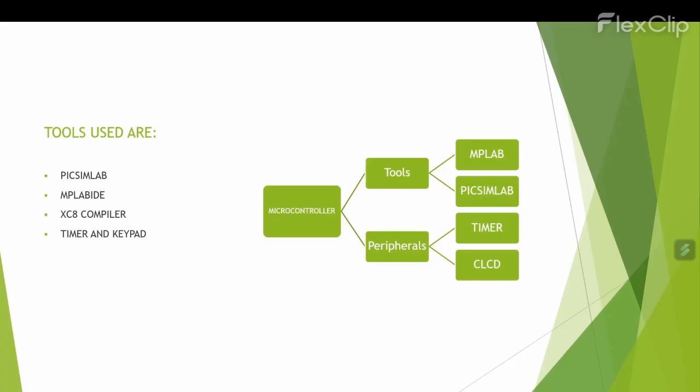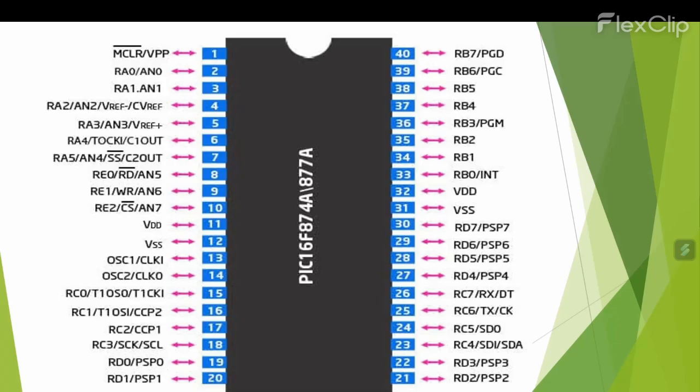In PiximLab there are many microcontrollers and microprocessors built in, and we have to select a particular microcontroller for the specific task we will do. For this project we selected the microcontroller PIC16F877A, and the peripherals we used are timer, CLCD, keypad, and many more.